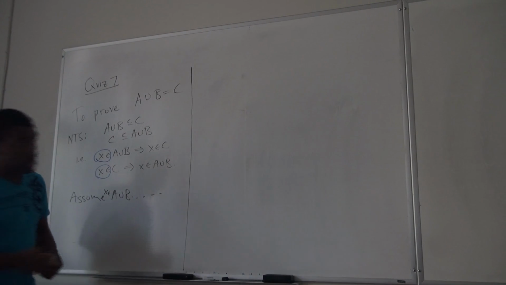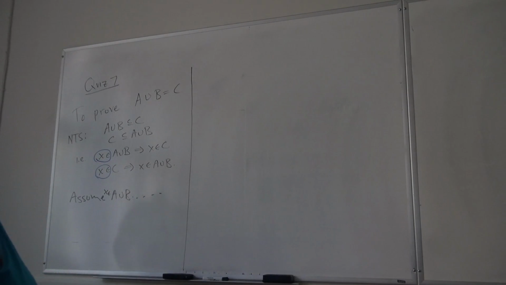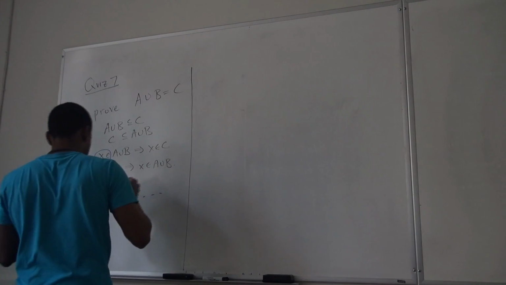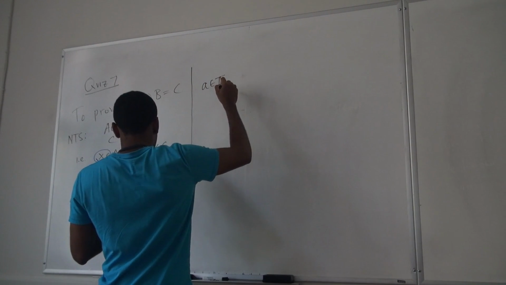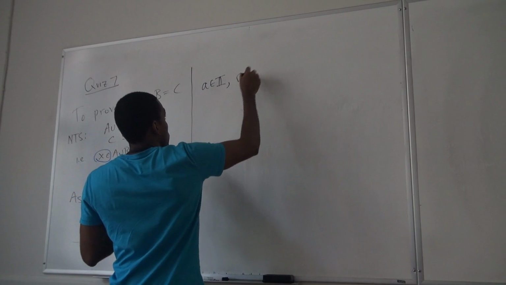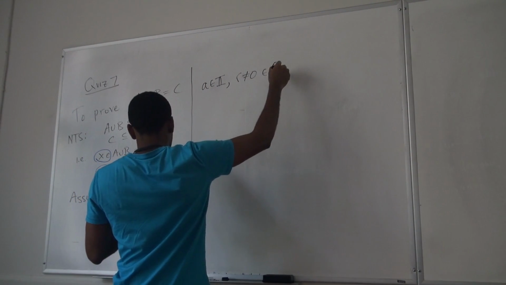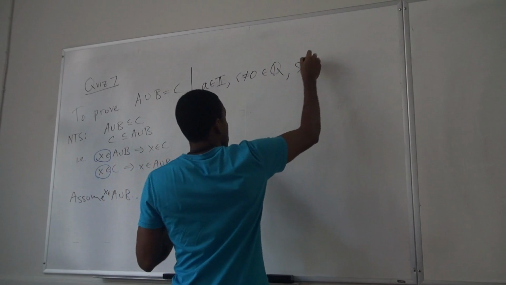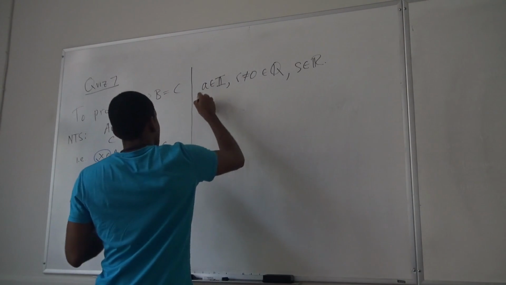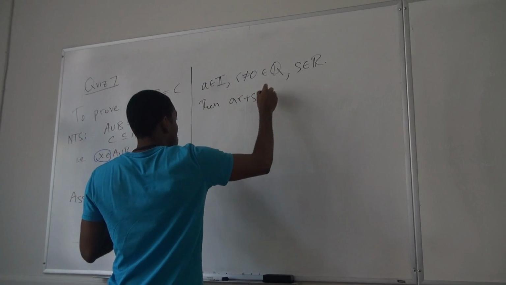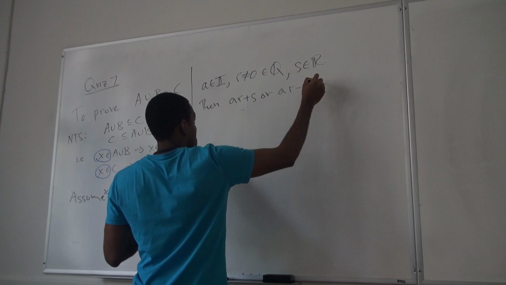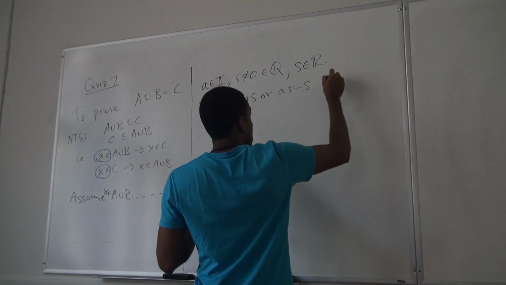There was another question. It said, A is an irrational number, R not equal to 0 is a rational number, S is just a random real number, then AR plus S or AR minus S is irrational.